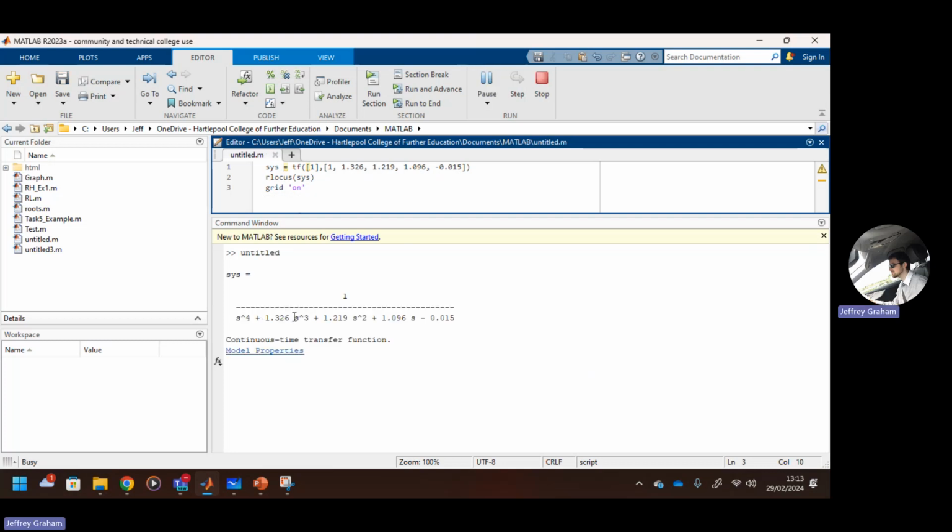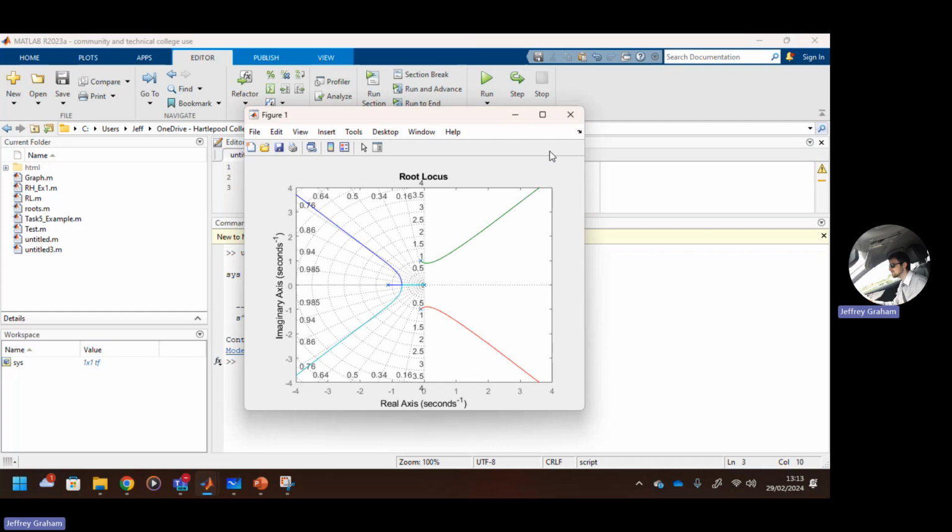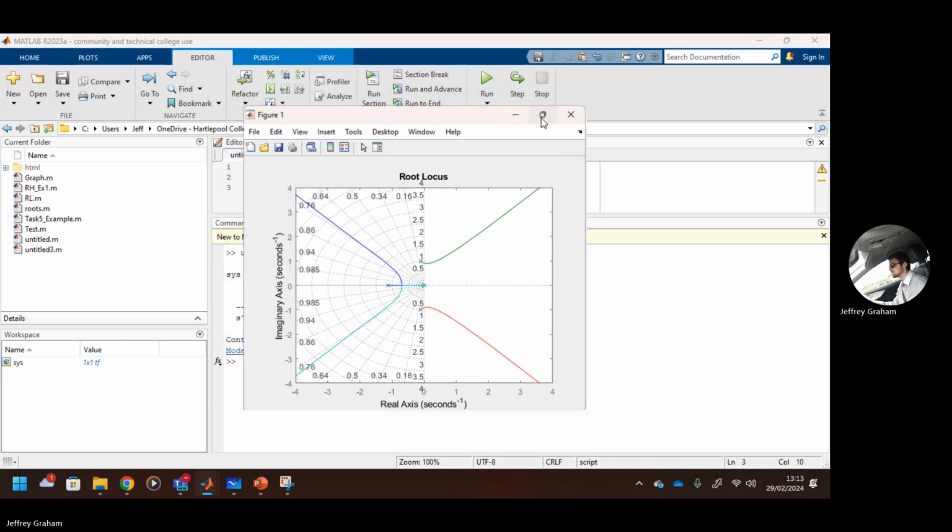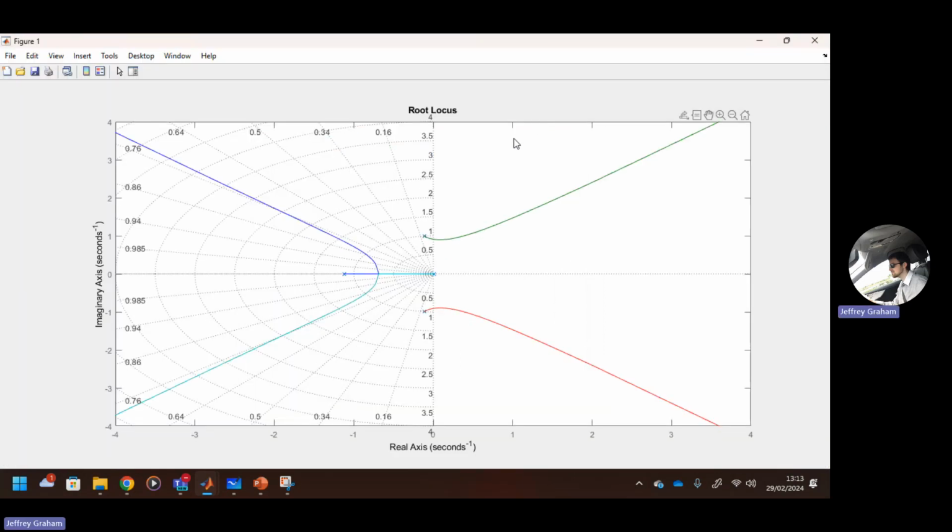There's our function, as you can see. What we're bothered about is the crosses or the poles. You can see there's one there. This one, again, is clearly stable, it's on the left-hand plane.